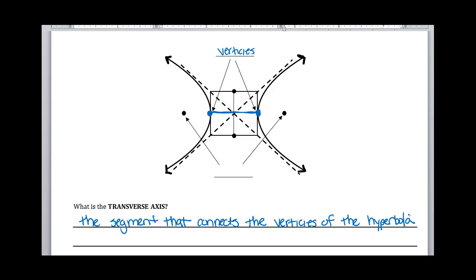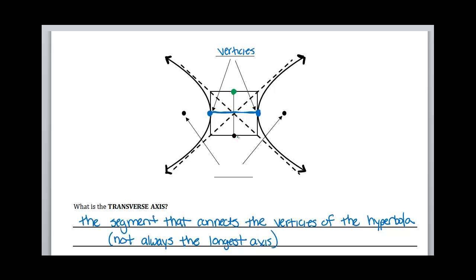One thing I want to note is that the transverse axis does not have to be the longest axis. Next, let's look at the co-vertices.